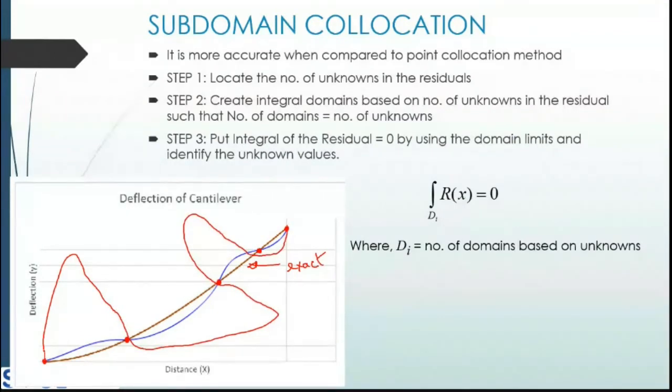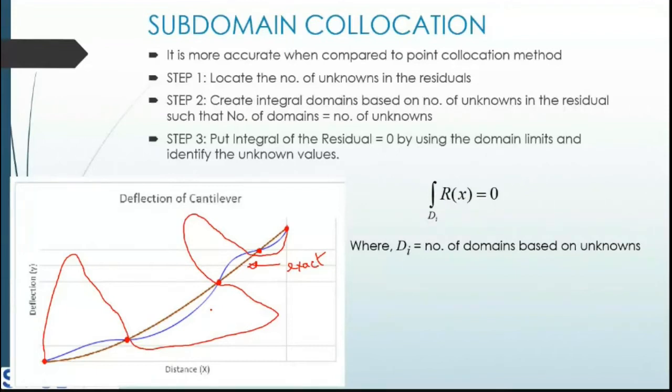You can see there is a high peak, and it is exact only at that particular point, which means it is not equal elsewhere, right? You can't justify it. I can't say that point collocation will give the exact solution. Because of this, there may be a high peak in point collocation.